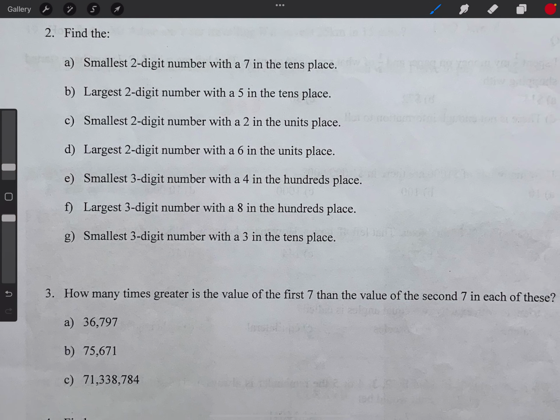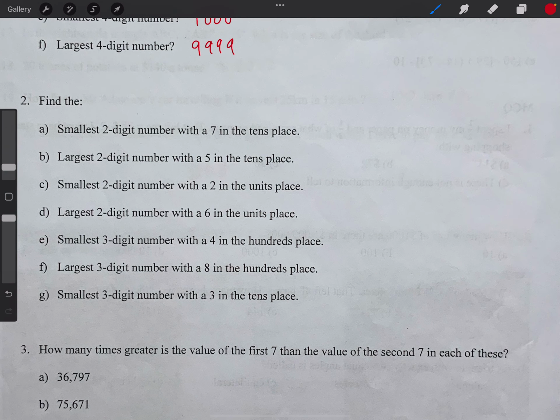It says find the smallest 2-digit number with 7 in the tens place. So 7 is in the tens place, and you want the smallest, so it'll be 70. The largest 2-digit number with a 5 in the tens place, they want the largest, so 59.